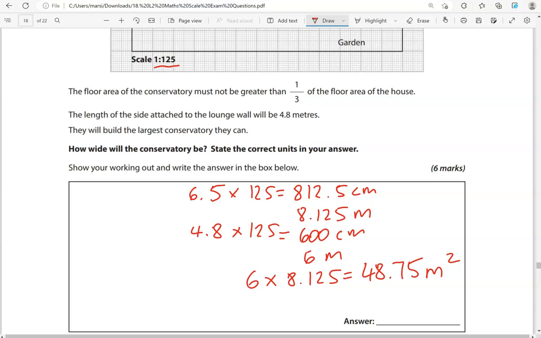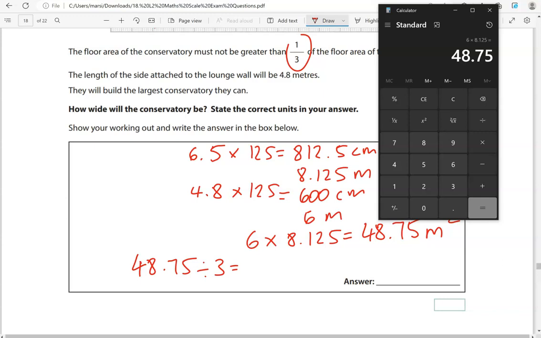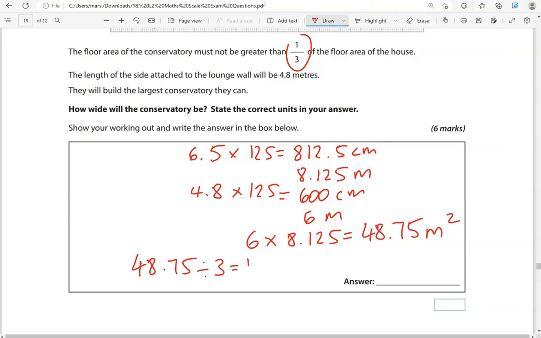And now the floor area of the conservatory must not be greater than 1/3 of the floor area of the house. So if we divide 48.75 by 3, should give us 1/3 of that, which is 16.25.